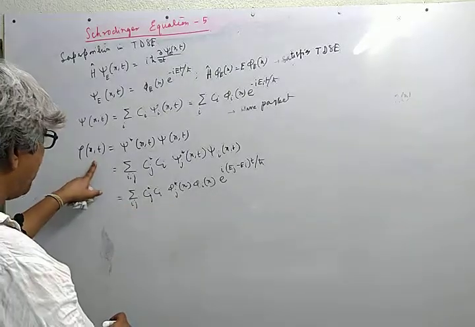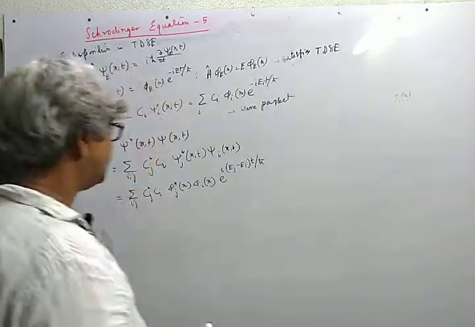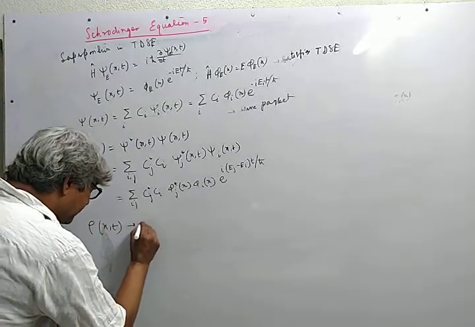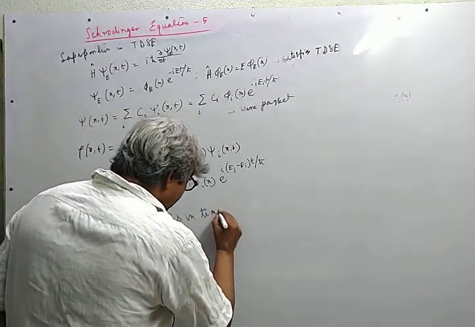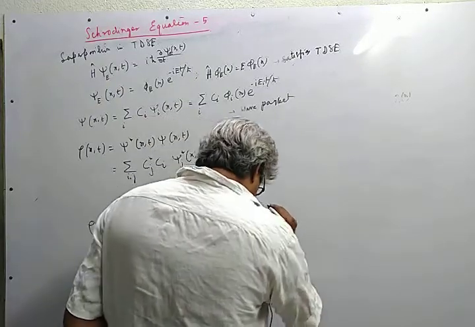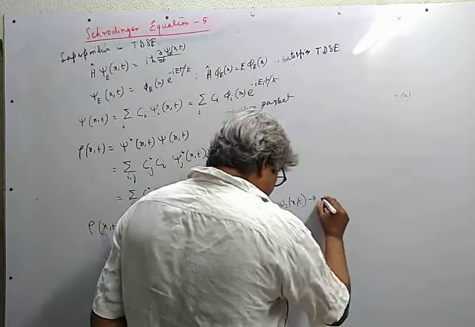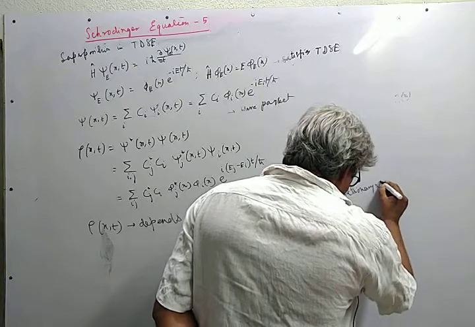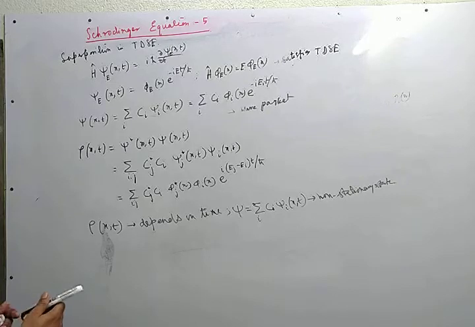Here we find that the probability density depends on time, so such a state is called a non-stationary state. Rho of x,t depends on time, so psi, obtained as the combination of Ci psi i of x,t, is a non-stationary state. Non-stationary state means probability density is a function of time.